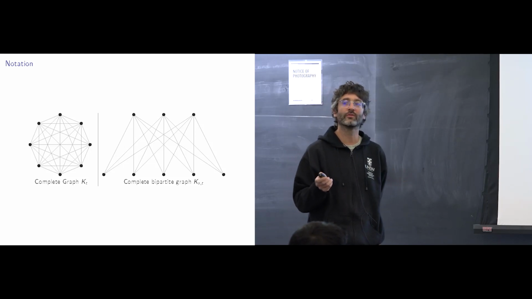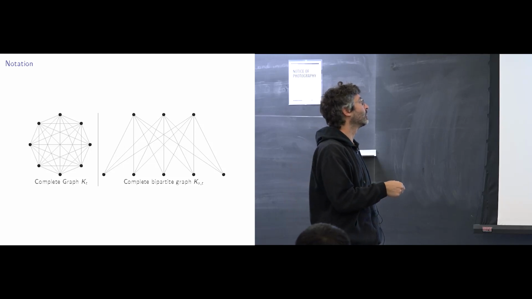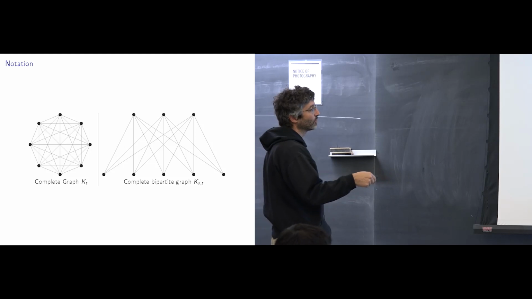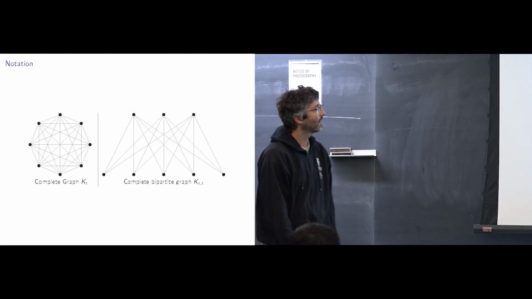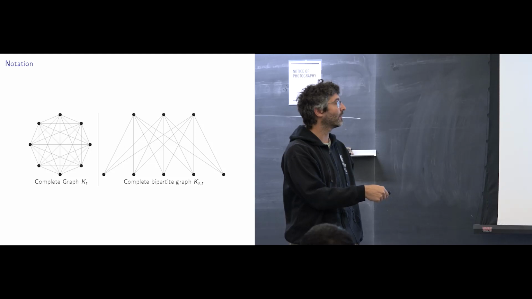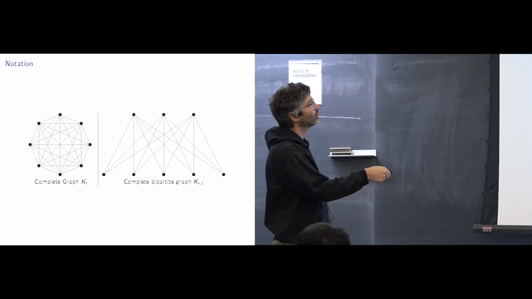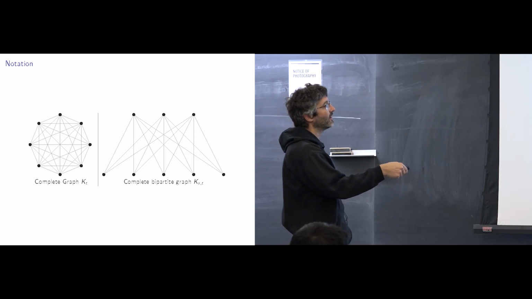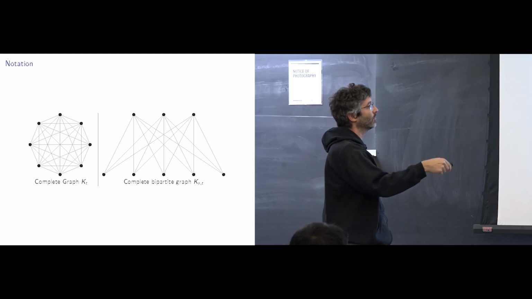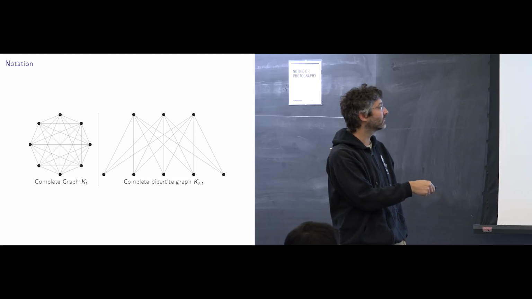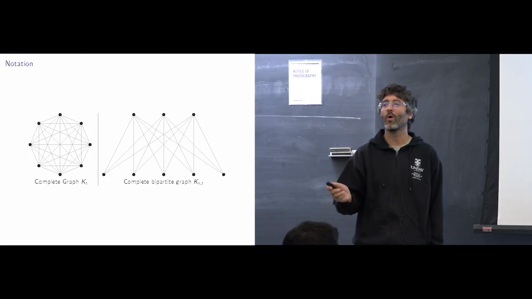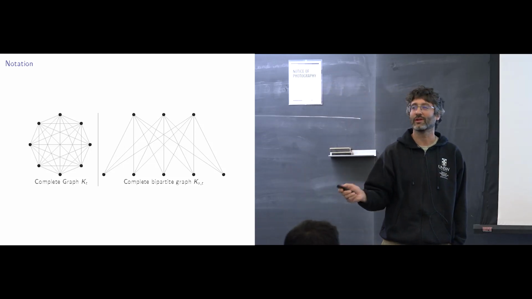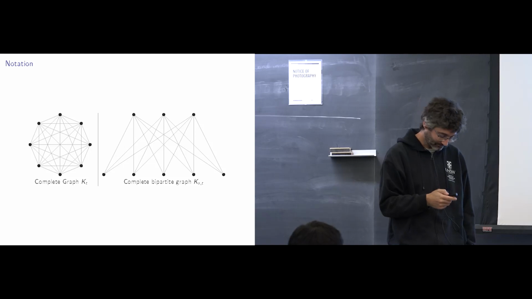And there are only two graphs you need to care about today: the complete graph on t vertices with all possible edges, which we denote by K_t, and the complete bipartite graph K_{s,t}, where you have two blobs of vertices, s here and t here, all the edges in between, and nothing inside the blobs. These two notations, K_t and K_{s,t}, are the only ones you need. Before I dive into the topic, I wanted to make sure that you have at least that notion.